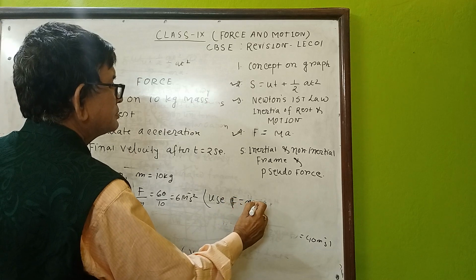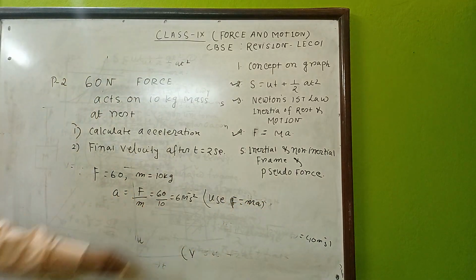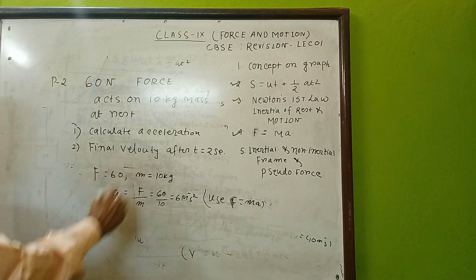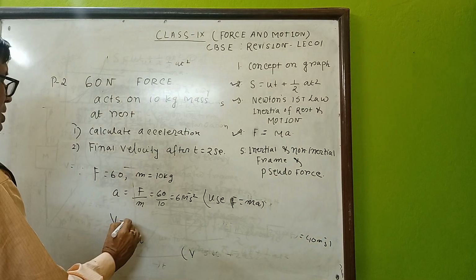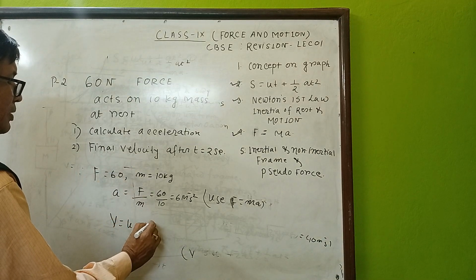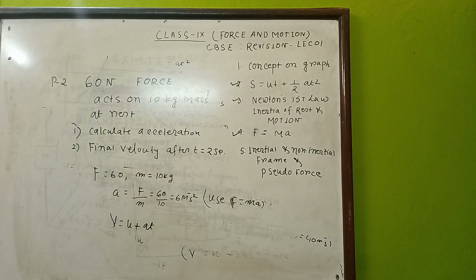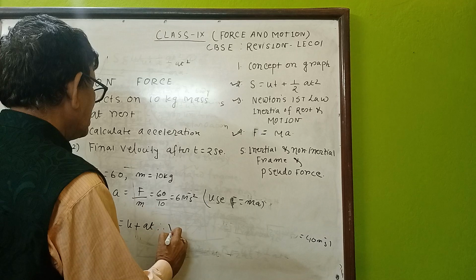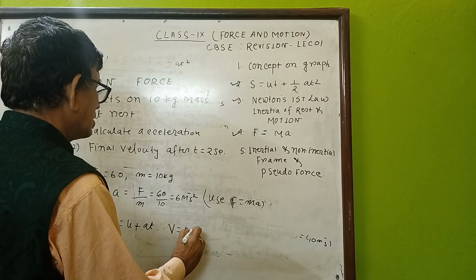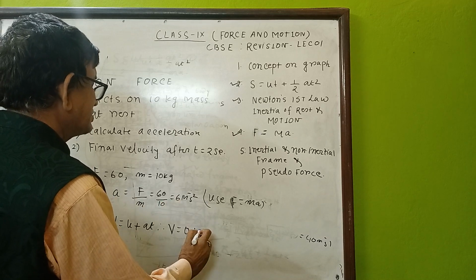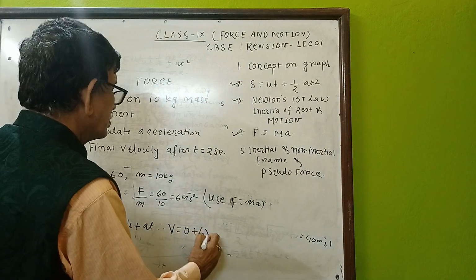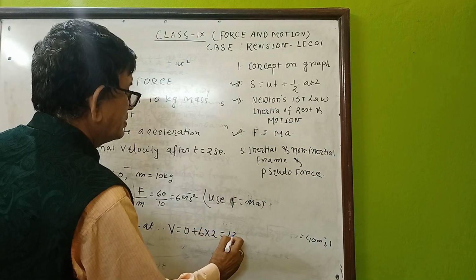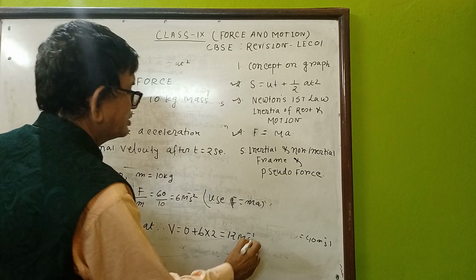Once you know the acceleration, you have to calculate the final velocity. You know v equal to u plus at, from the equations of motion. So u is 0, a is 6, and time is given as 2. So the body will attain 12 meters per second velocity.